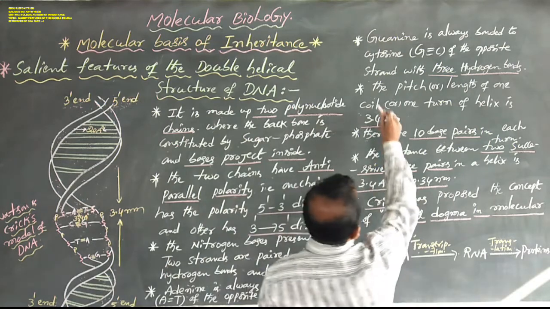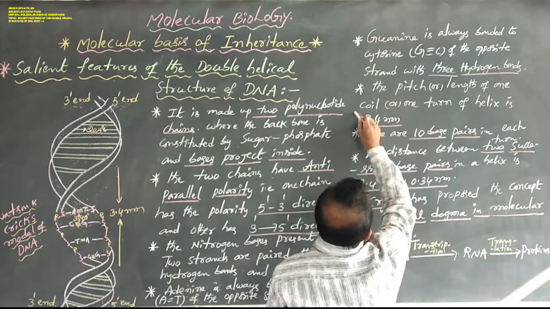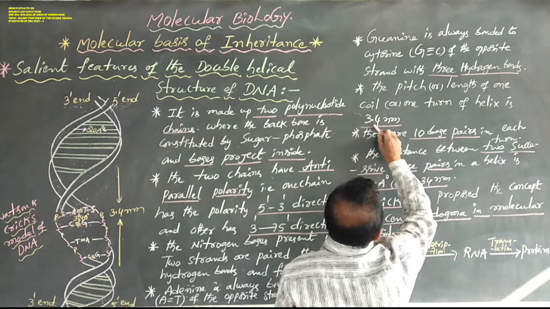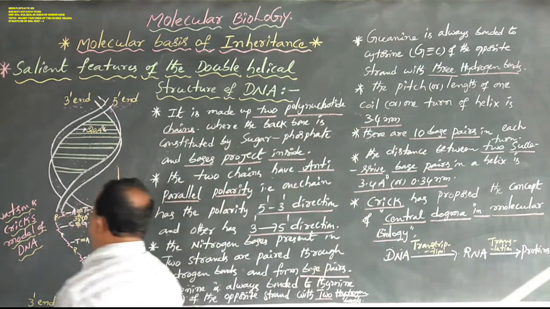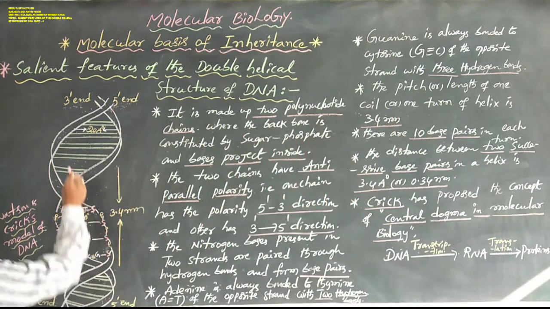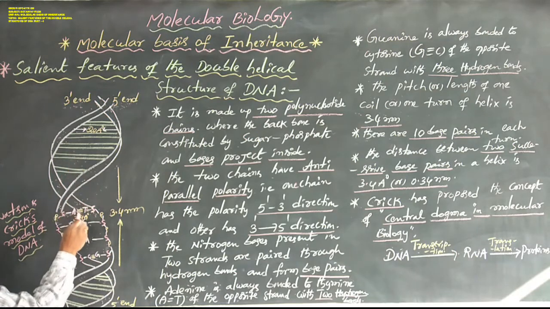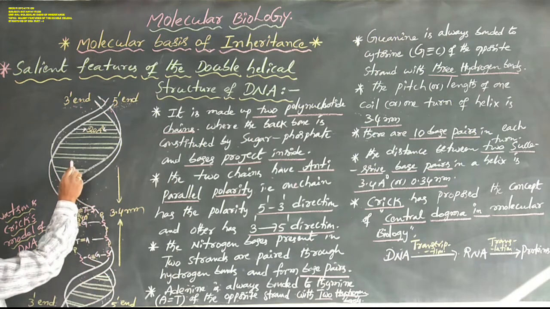Next, the pitch, or length of one coil or one turn of the helix, is 3.4 nanometers. Dear students, this is the double helical structure of the DNA molecule. These are the pitch, coils or turns.